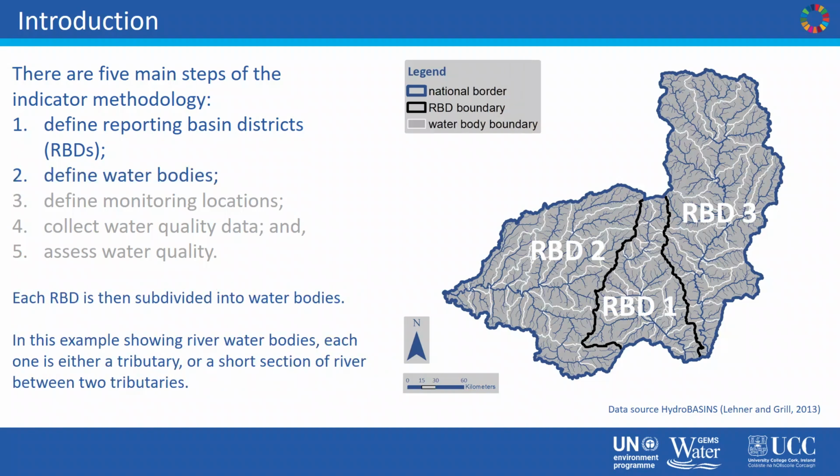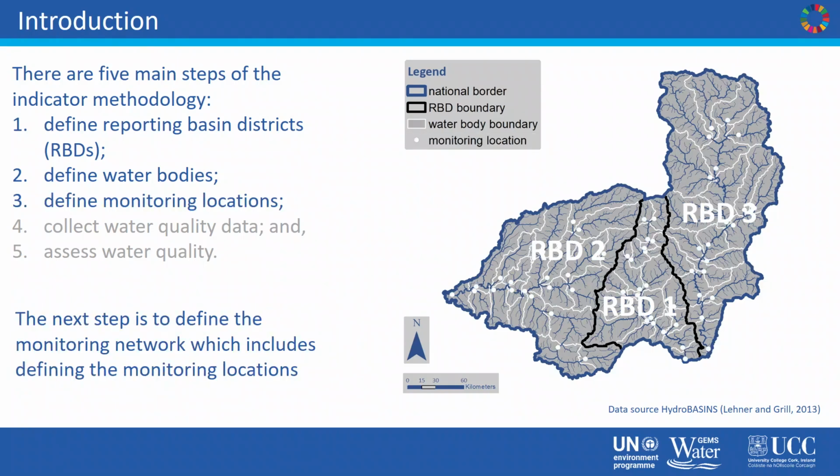Each reporting basin district has been further subdivided into, in this case, river water bodies. Each river water body here is either a tributary of the river or a small section of river between 2 tributaries.